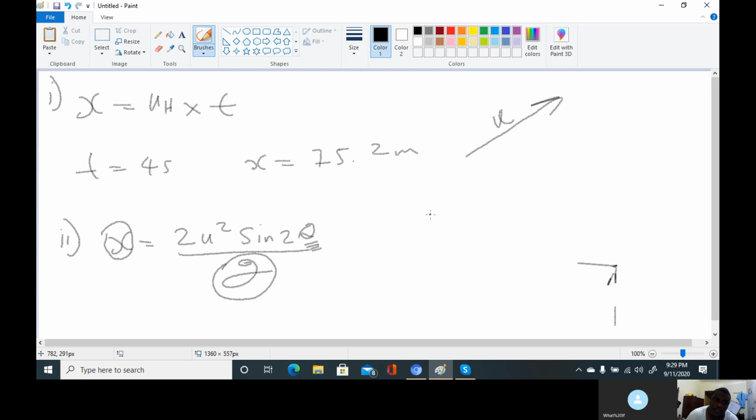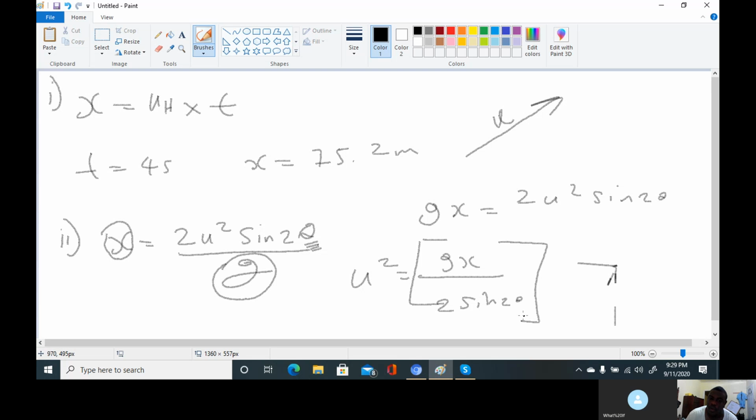If I just transpose, I'd have gx equal to 2u squared sine 2 theta. And I can then say u squared is equal to gx divided by 2 sine 2 theta. So once I input the numbers, I can calculate the launch velocity u.